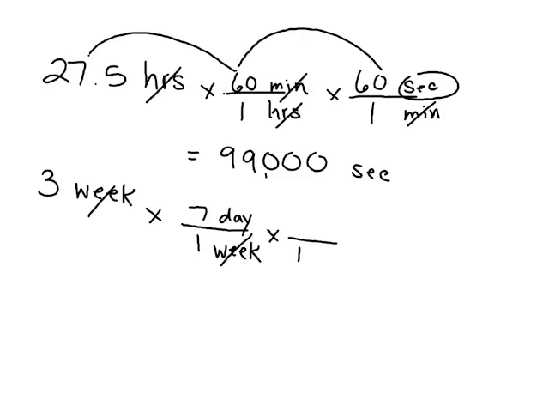Okay. Let me back up for a second. I'm sorry, brain freeze on this one. So 3 weeks, we want to get rid of weeks. So you put down what 1 week is equivalent to. What's the ratio?